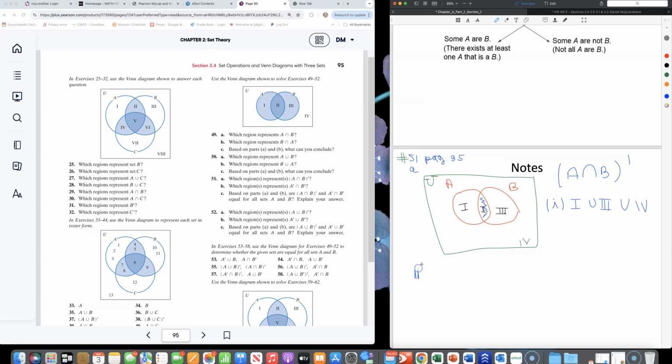As you learned in a previous section, in lecture 2.4, you can use De Morgan's law to compute the complement of this intersection.